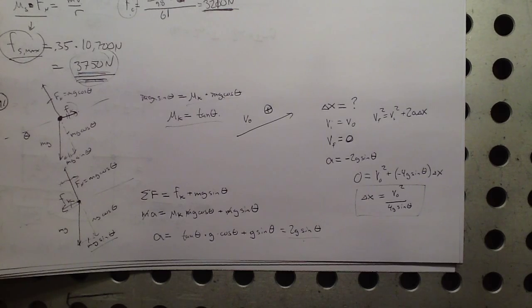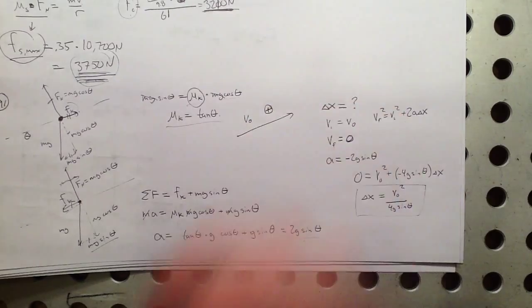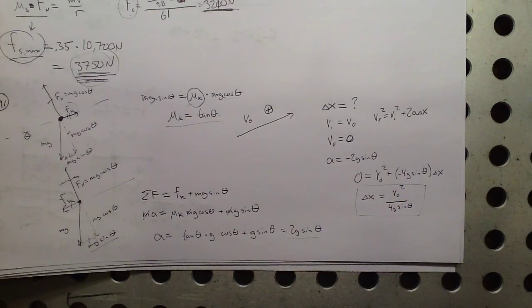And for part B, after the block comes to rest, will it slide down the plane again? Well, I suppose it could, but it's very likely that it wouldn't, because what we've seen is that coefficients of static friction are almost always bigger than coefficients of kinetic friction.